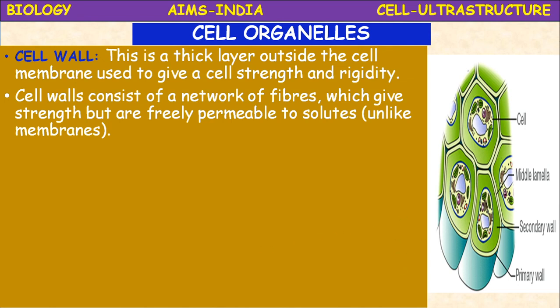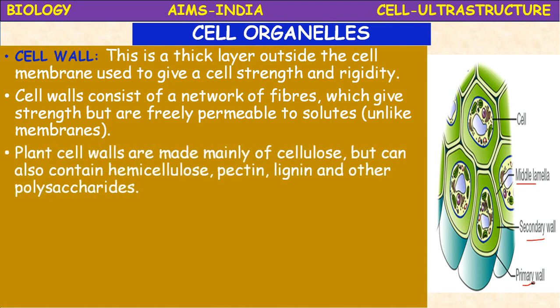The cell wall consists of a middle lamella, secondary wall, and a primary wall. These are the three main structures present in the cell wall. The plant cell walls are made up mainly of cellulose, but can also contain hemicellulose, pectin, lignin, and other polysaccharides.